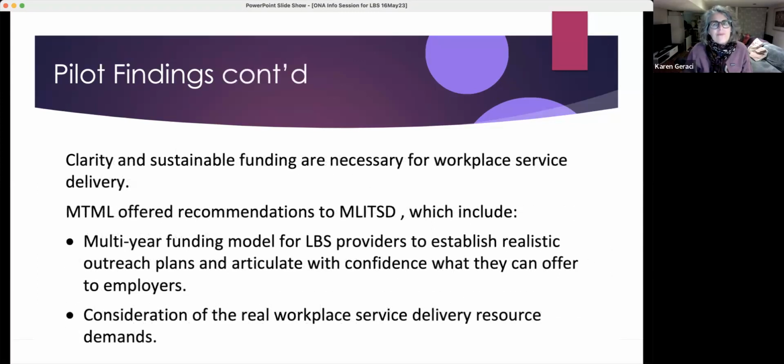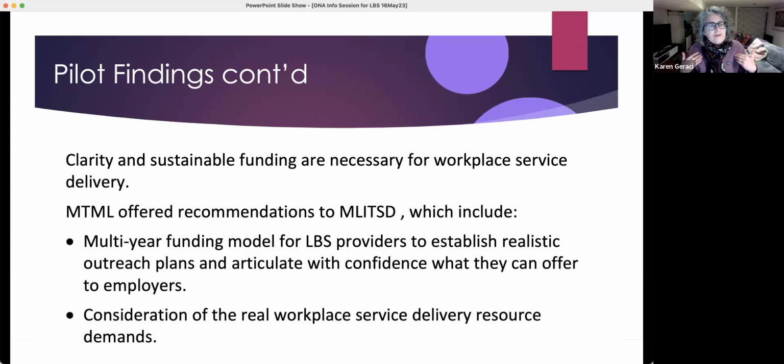One of the other things that we could see from the pilot was that more clarity, accompanied by transparent and sustainable funding, are necessary if we're going to start talking about workplace service delivery. And so that was one of the recommendations that MTML made in its report back to the ministry.